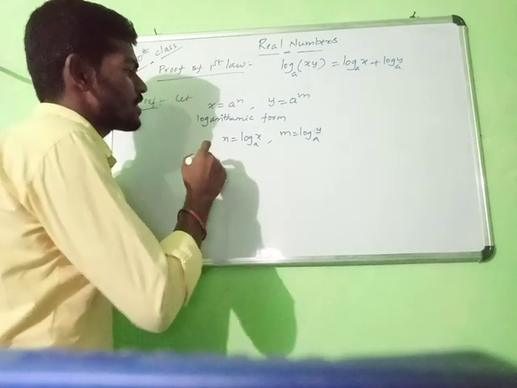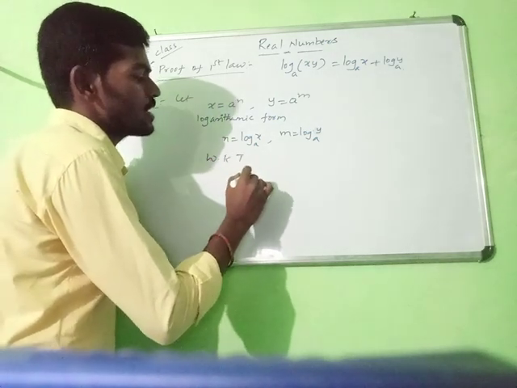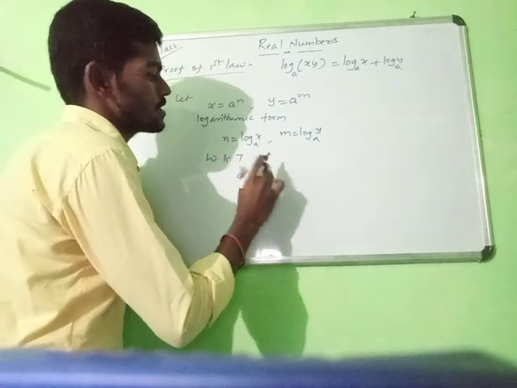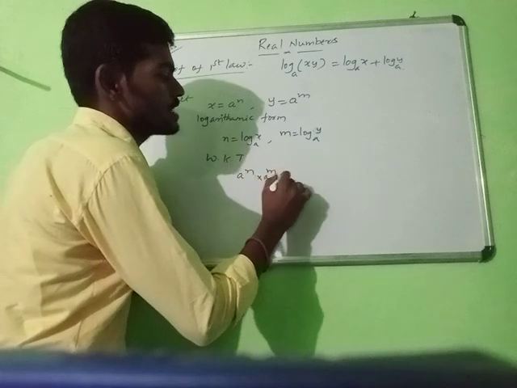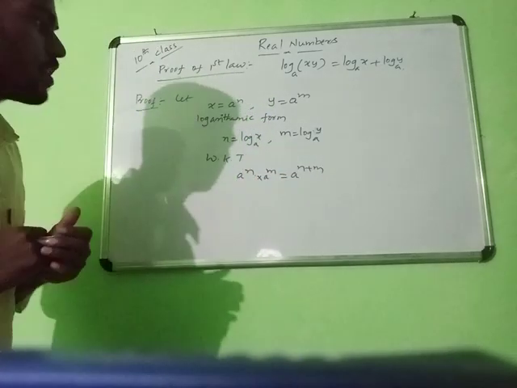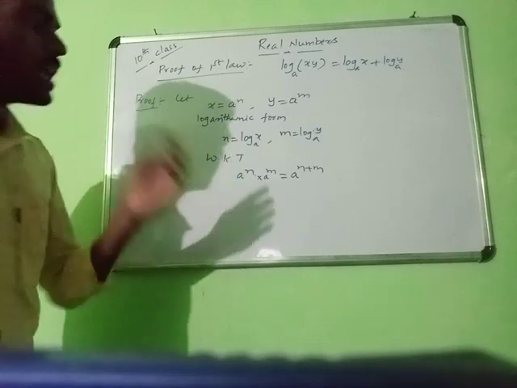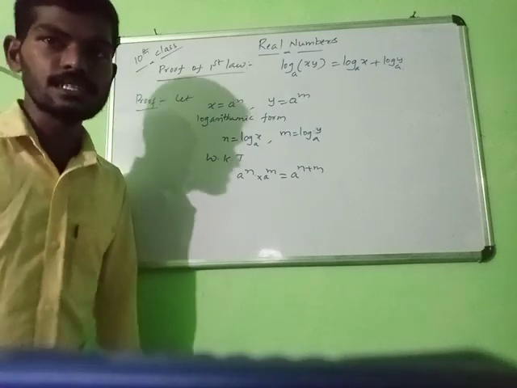Okay. Now we know that formula. We know that a power n into a power m is equal to a power n plus m, or m plus n.